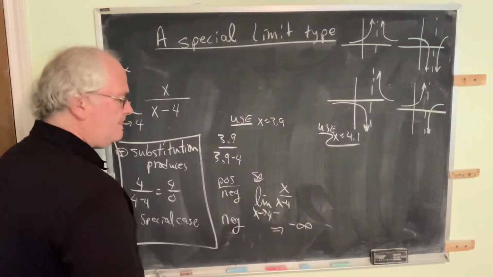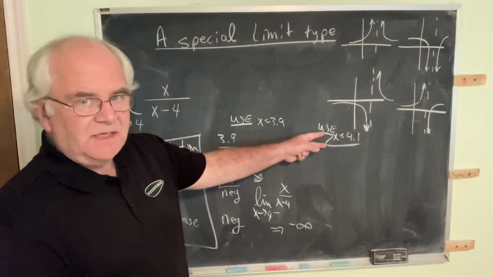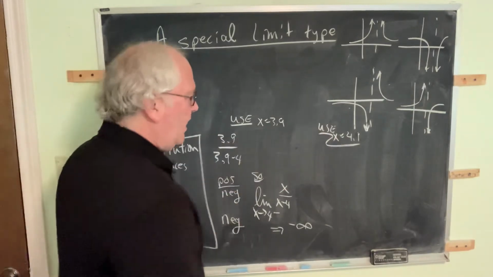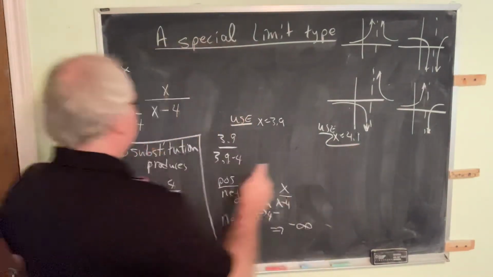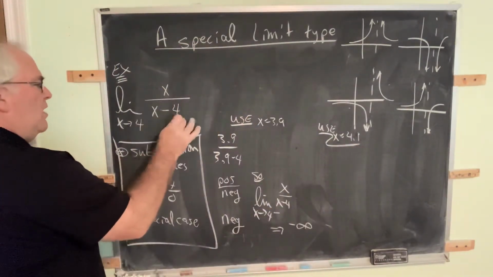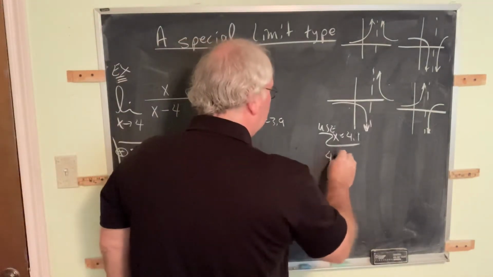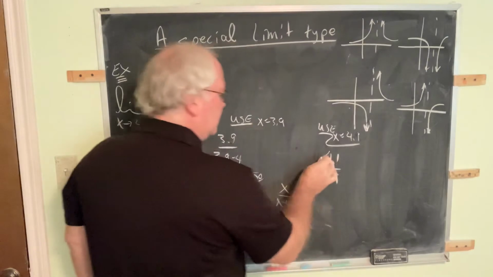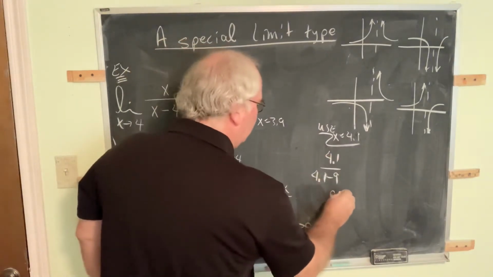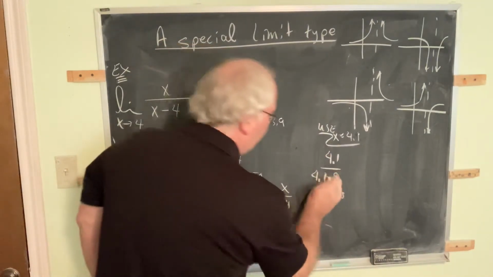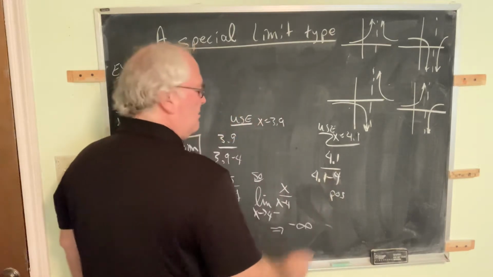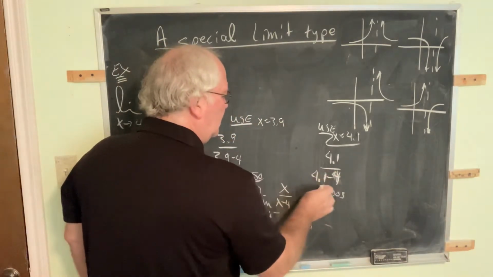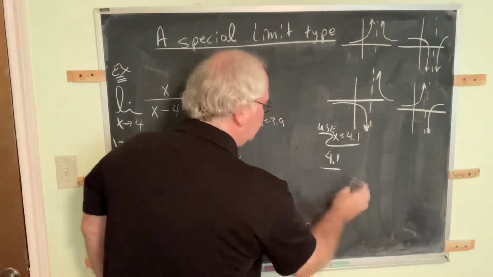Same song, second stanza. For x equals 4.1, substitute: 4.1 is a positive number, and 4.1 minus 4 is also a positive number.